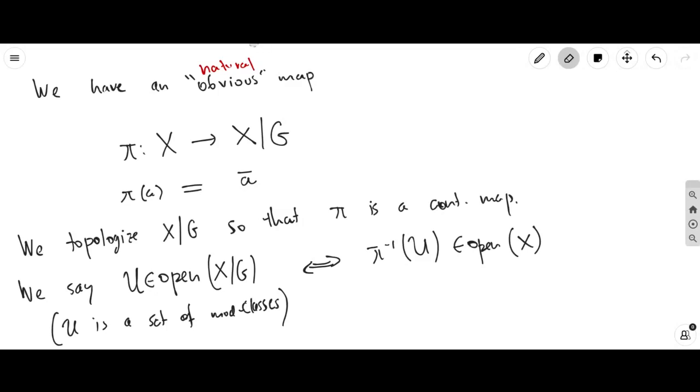So let's say what the main theorem is. So this is the main theorem. Okay, so here's how it goes. We're going to assume that X is simply connected. And G, this is going to be some group of automorphisms.